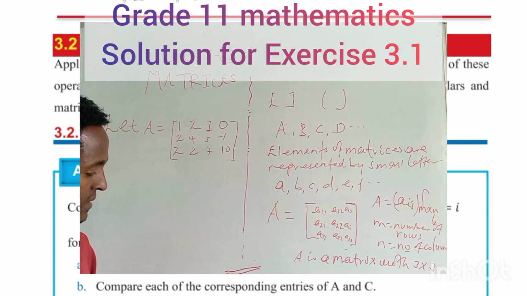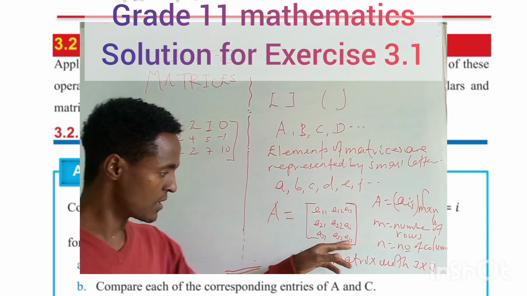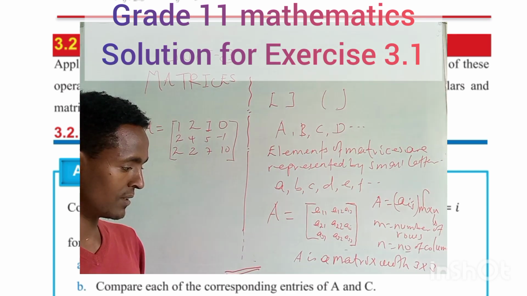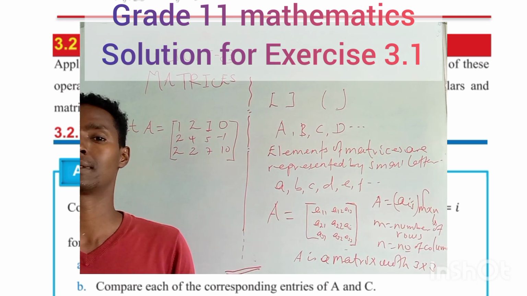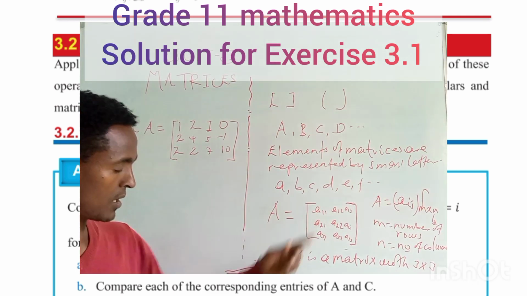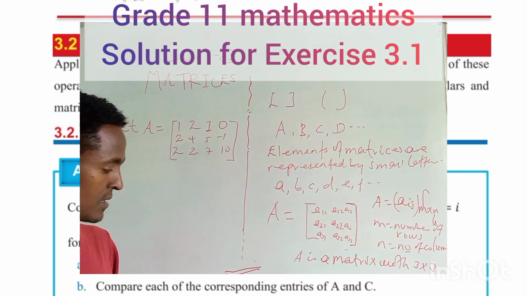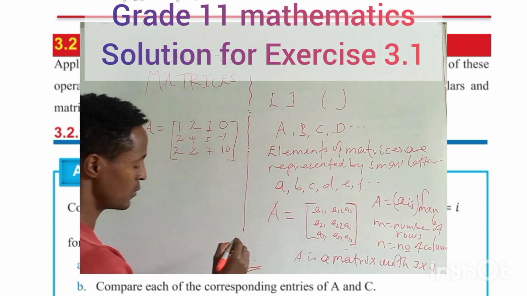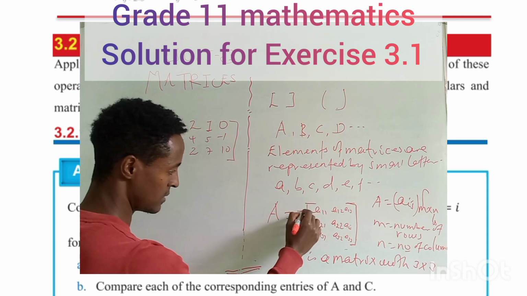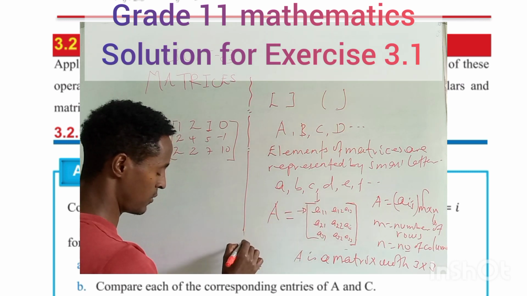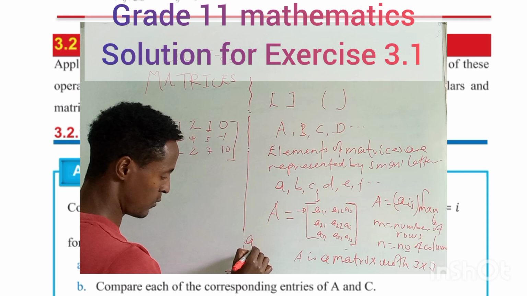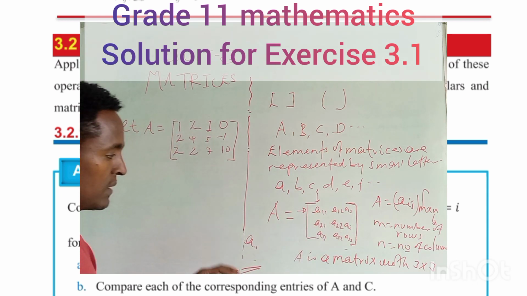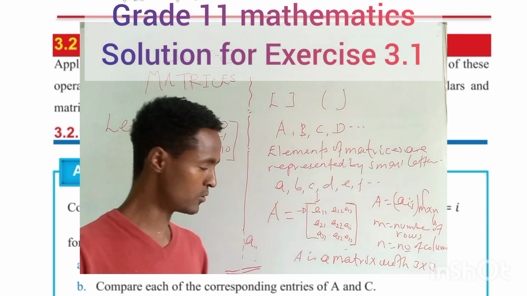In this matrix, each of the elements in the bracket is said to be an entry of the matrix. Each entry has its own name. For example, the first entry is in row 1 and column 1. Therefore, it is A11. This is A12, an entry in row 1 and column 2.